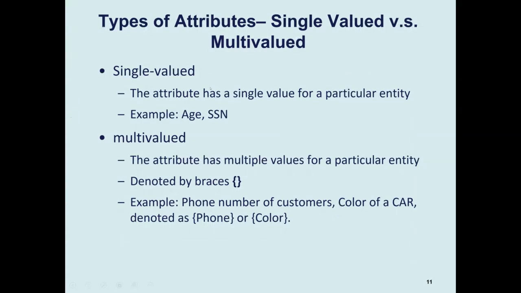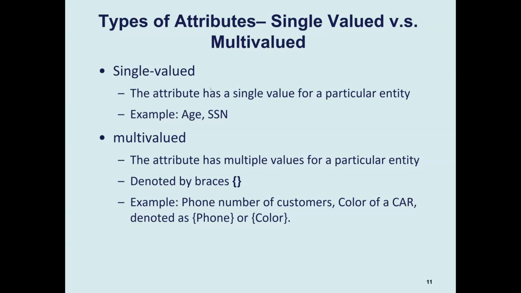The other way we can classify the attribute type is single-valued or multi-valued. By single-valued, we mean that for each given entity or real-world thing or object, that attribute can only take a single value.